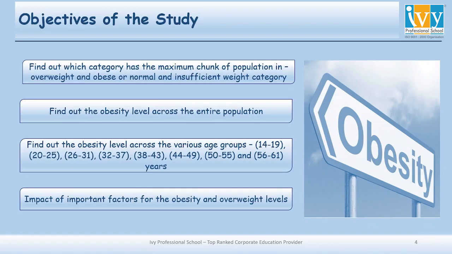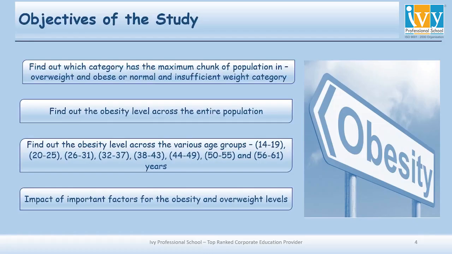I would mainly want to see what proportion of the population is suffering from obese and overweight levels, and what the main factors are that impact the obese and overweight levels in these three countries. Based on that, I have created four objectives that I would be performing in my study.